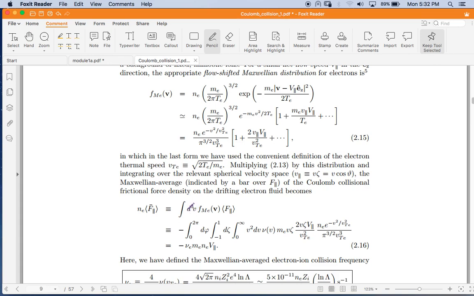In order to do the volume integral, you do the same: the integral of d phi over 0 to 2 pi, and over cosine theta, simply going by the fact that V parallel is V cosine theta.